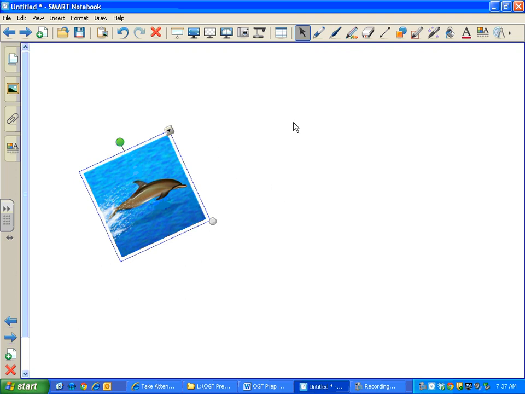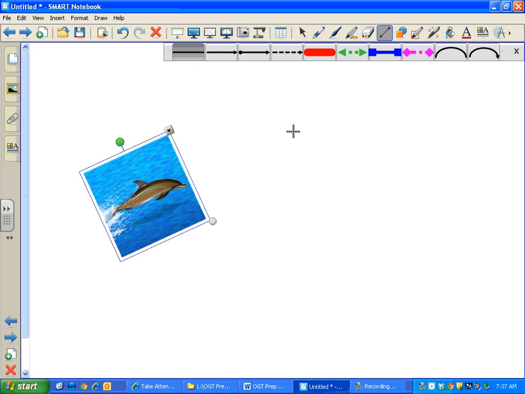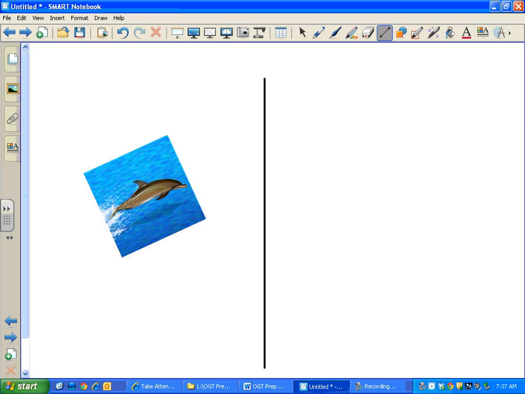Okay, here we go. So we're going to create. Remember, yesterday we had this situation where the dolphin dove in here, had a path, and came back out of the water.